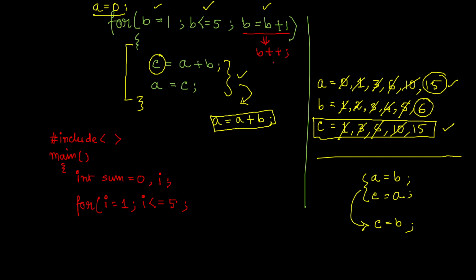I will tell you about this plus plus operator later in another class, but for the time being just know that b equal to b plus 1 can be written as b plus plus. So I can write here directly I plus plus. Okay, and within the brackets I will simply write sum equal to sum plus I. That's all.